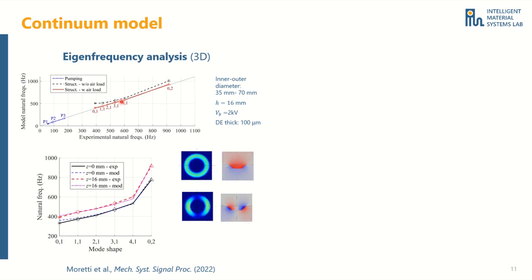An interesting aspect is that if one does not include the effect of the air pressure load in the model, the eigenfrequencies, here in black, are overestimated. In practice, because the membrane is very thin and lightweight, the inertia of the moving air around the membrane is not negligible, and it affects the system dynamics. In general, the model is able to predict the membrane natural frequencies in different operating conditions, for example, with different off-plane preloads.